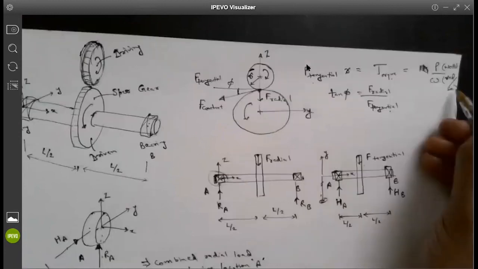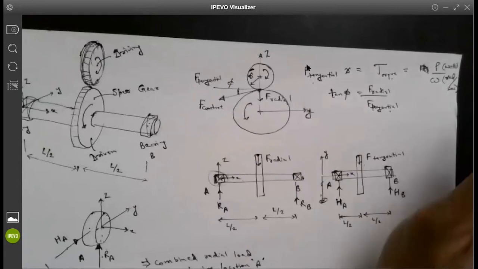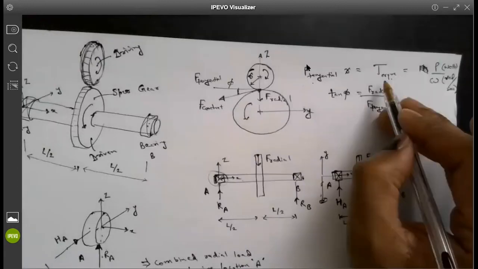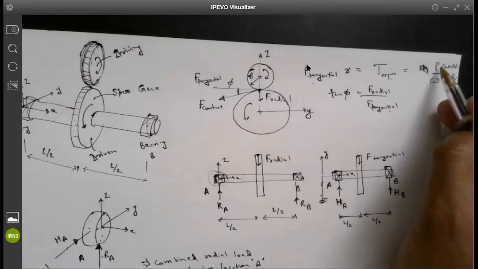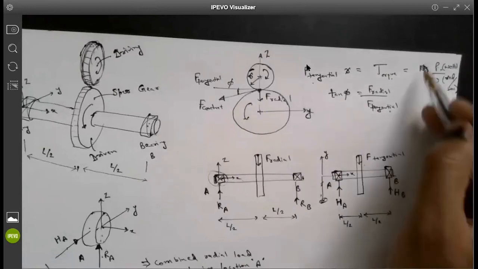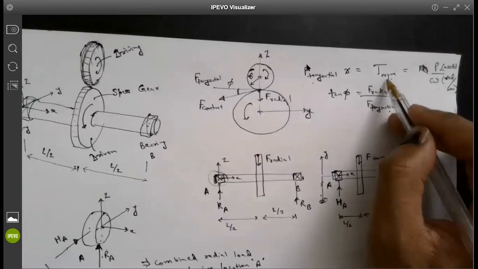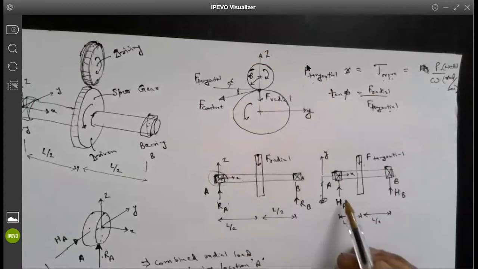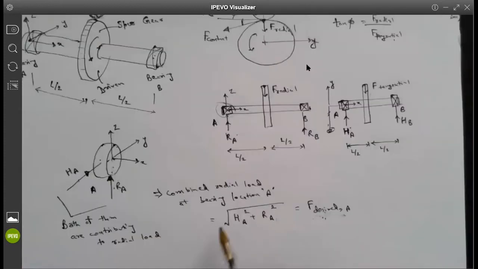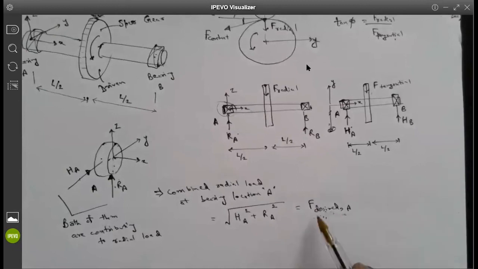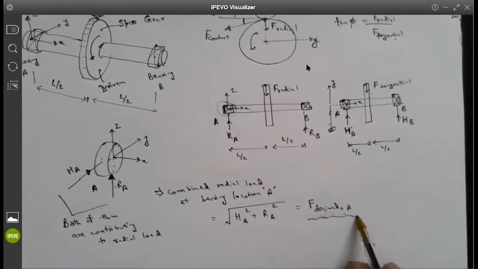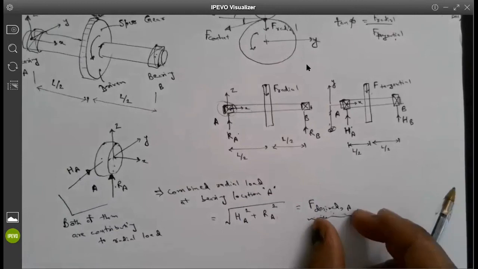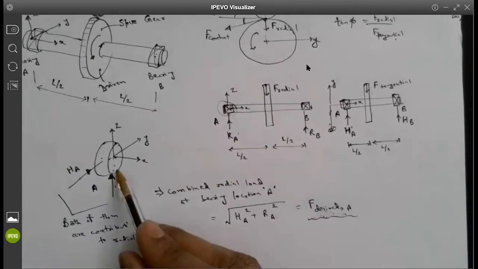So torque comes from the desired power divided by the angular velocity. From there you derive the tangential force, then the radial forces, then the reaction forces at the bearing location, and then the desired radial load at the bearing location. This is how you get this desired F for a specific bearing location.